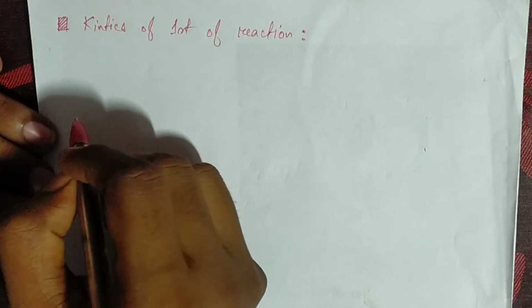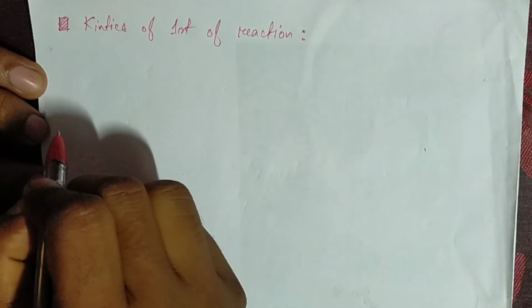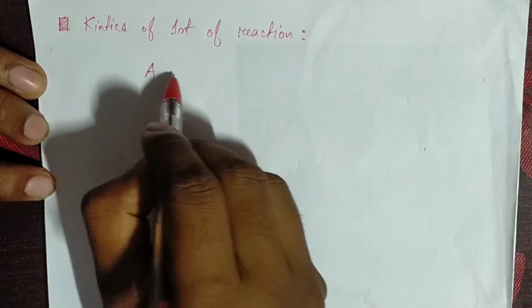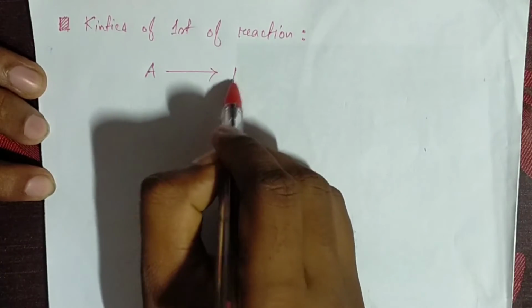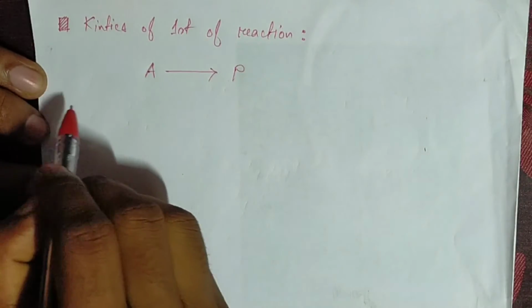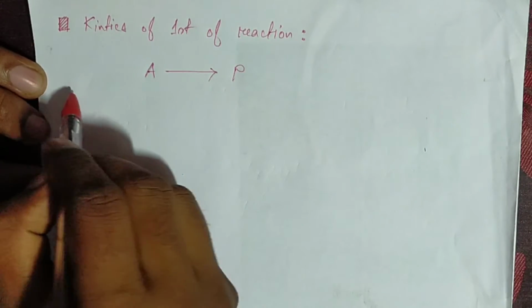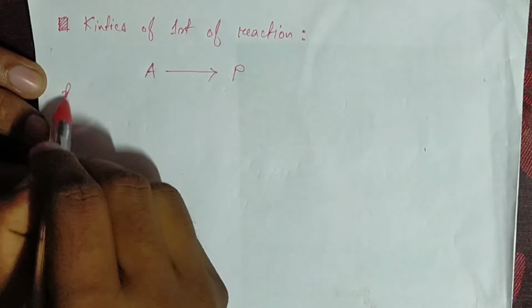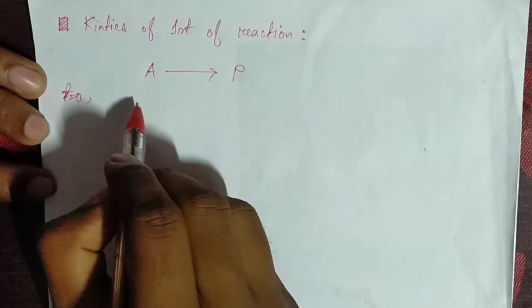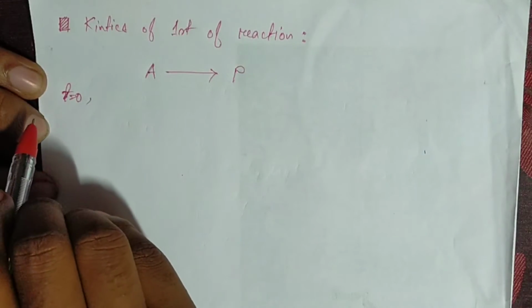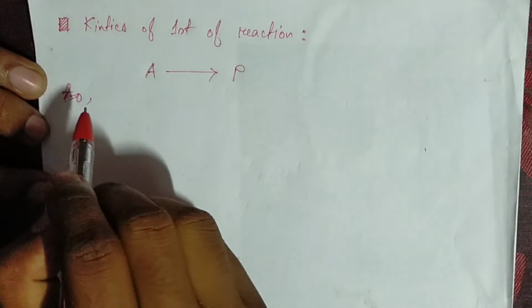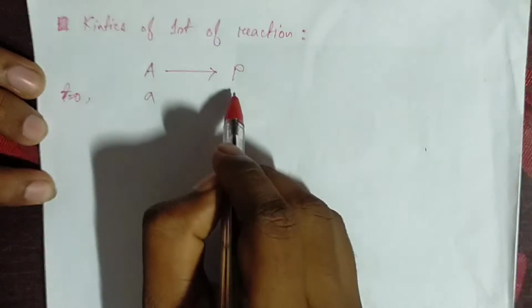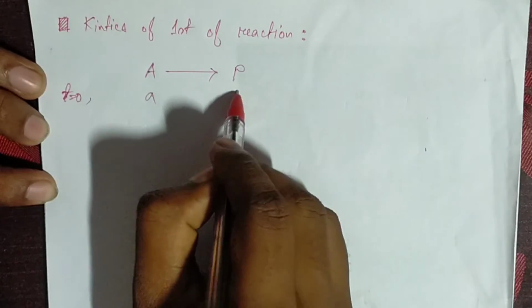First of all, we have to consider a reactant A which is converting to product P. At the initial state, when time is 0, the amount of reactant will be a and the amount of product will be 0.